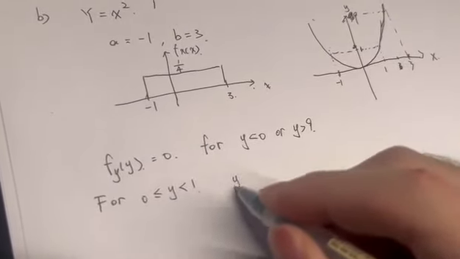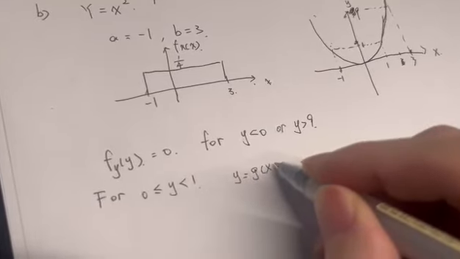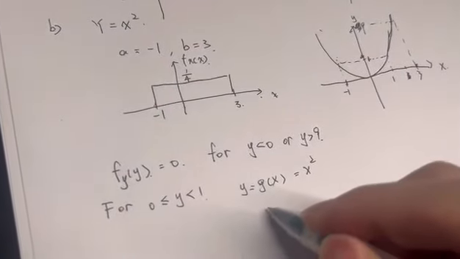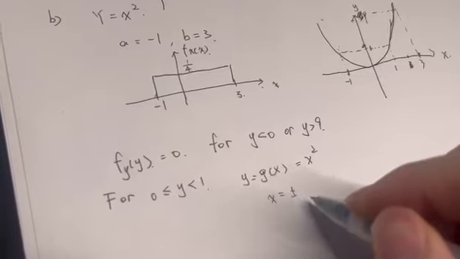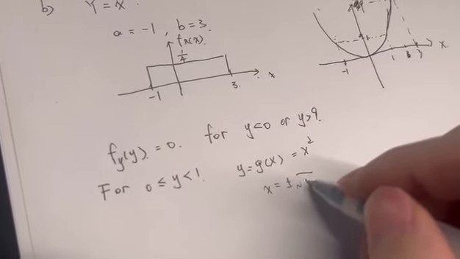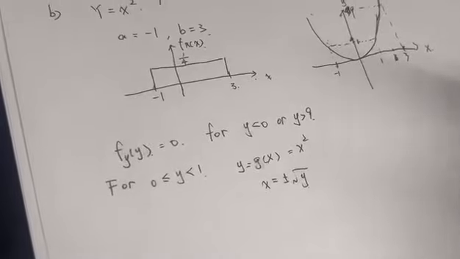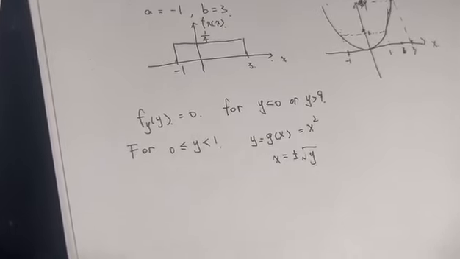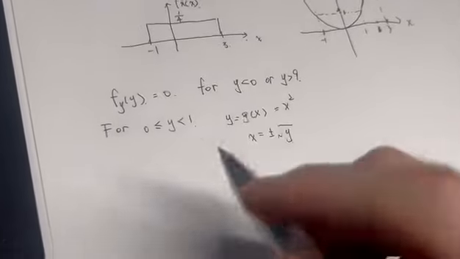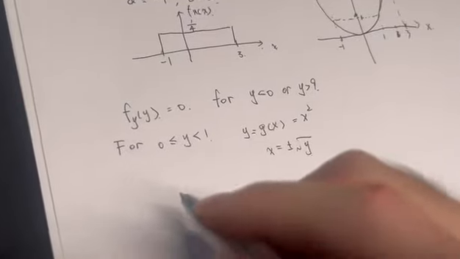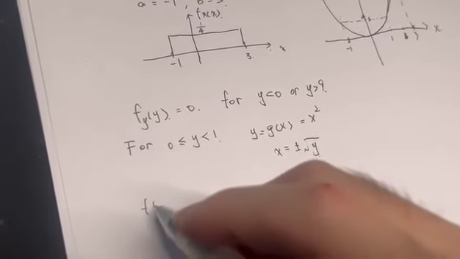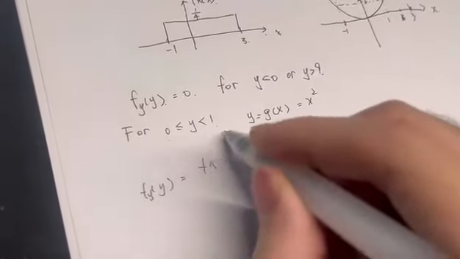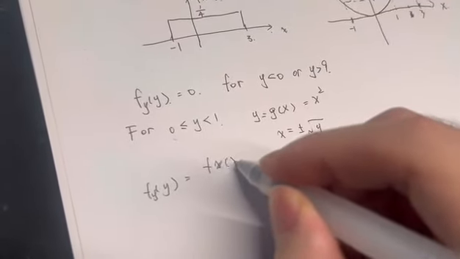So Y equals g(X) equals X squared, and from this equation given by the question, we can get X equals positive or negative square root of Y. So we can actually calculate the value for f_Y(y) in this range, since there are two roots.